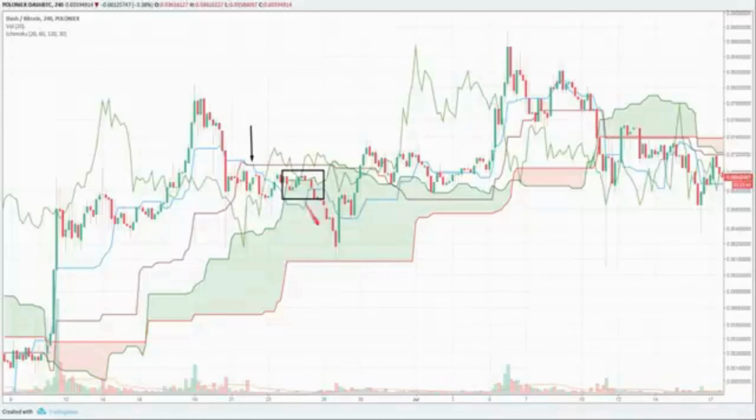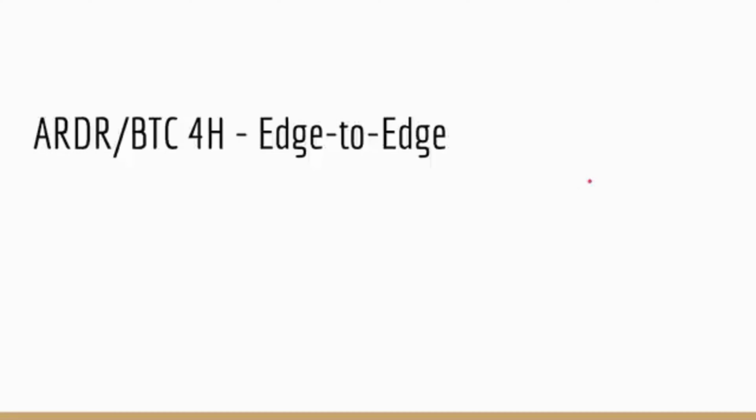It would be a bearish move because price would keep going down. Bearish, target edge to edge, worked out perfectly. It bounced, you see these wicks are perfect on the Kumo support, price bounced, closed here, and up we went. So that's one good example of an edge to edge trade.